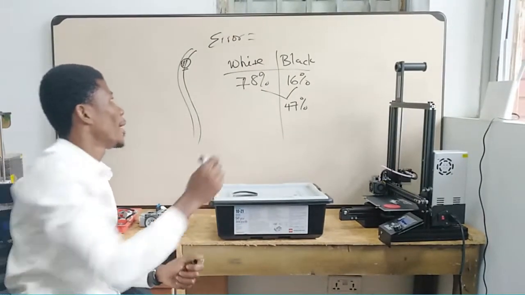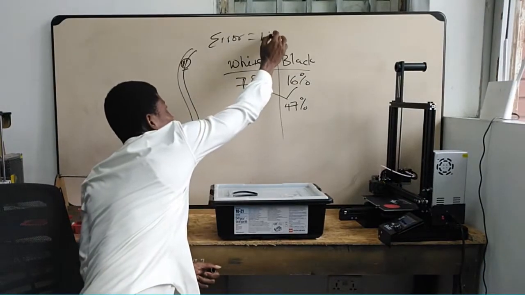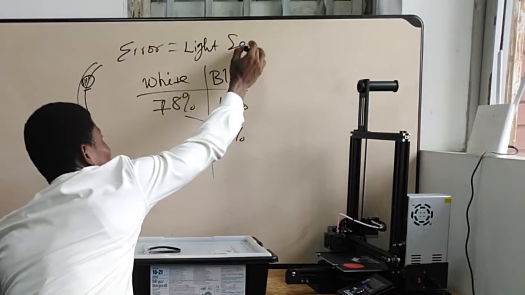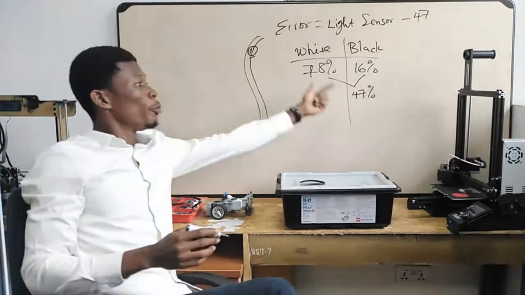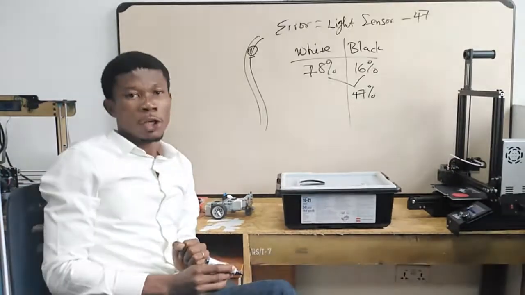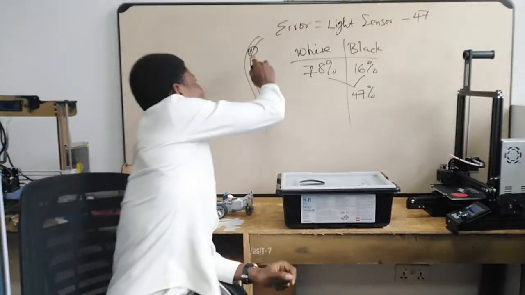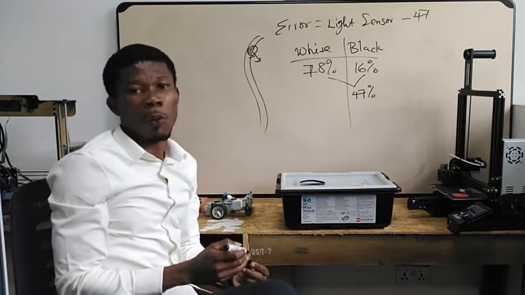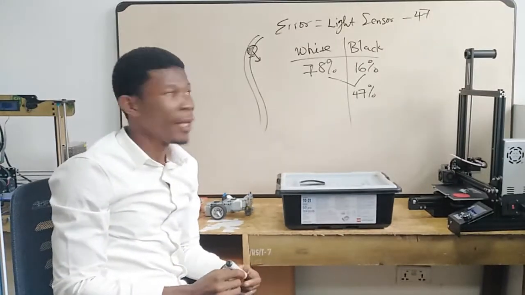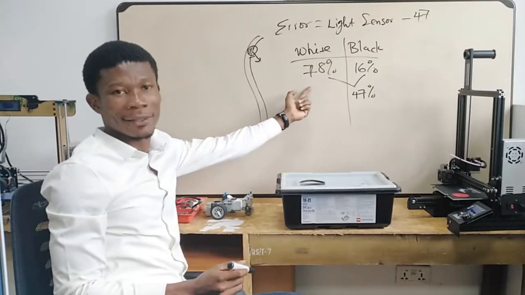We came up with this formula: the light sensor reading minus 47, because in this desired position the light sensor will be receiving 47% reflection, which meant that anytime the robot drifts more into the white portion of the tile, the reflection will increase.